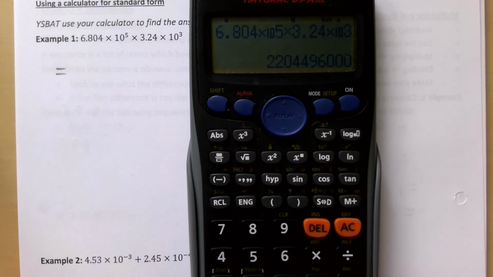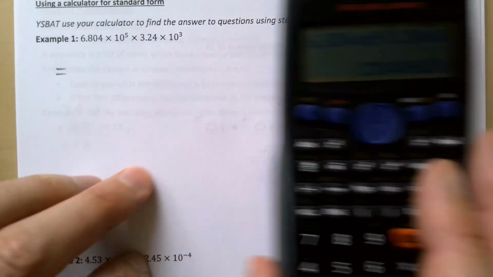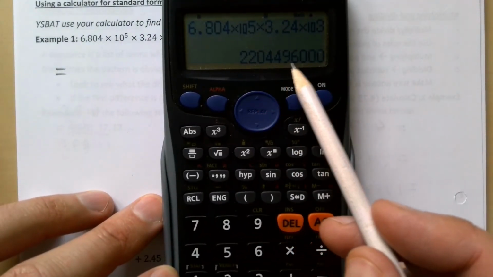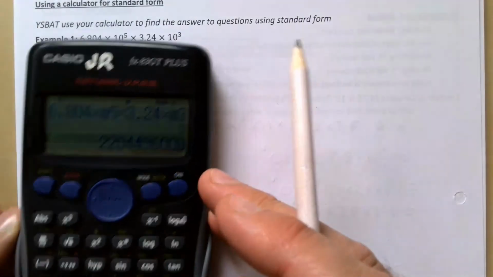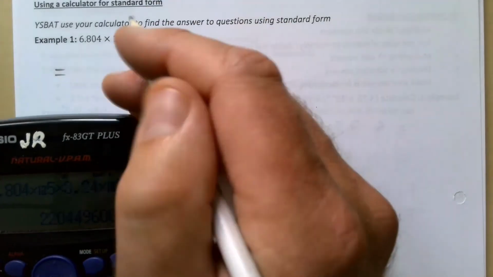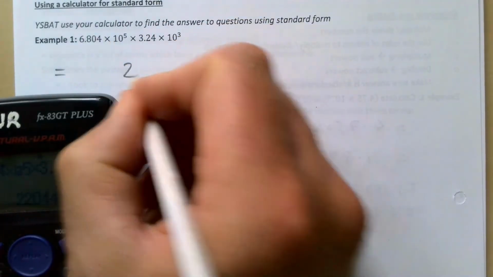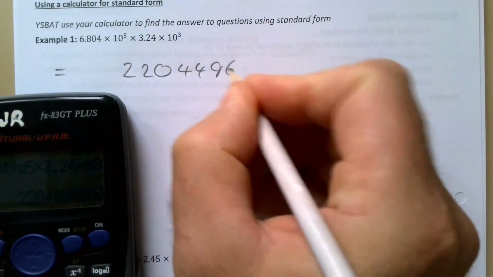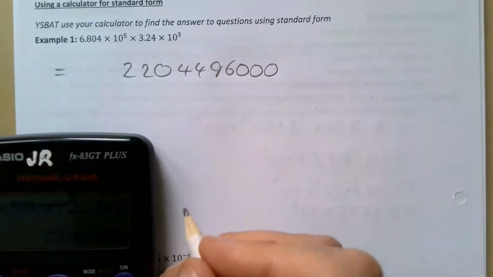I hit equals, and I define the answers using standard form, and the answer then is 220449600. So let's see, will we write that one in standard form? It says use your calculator to find the answer to the question, so we can just write that in as our answer. So 220449600. Alright.